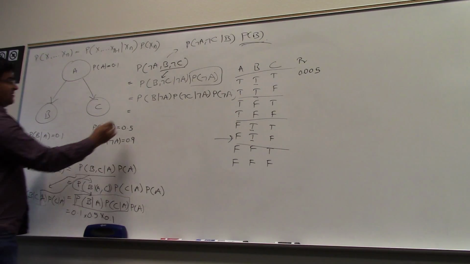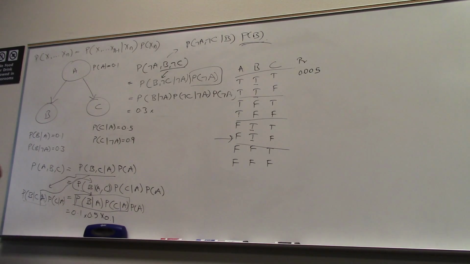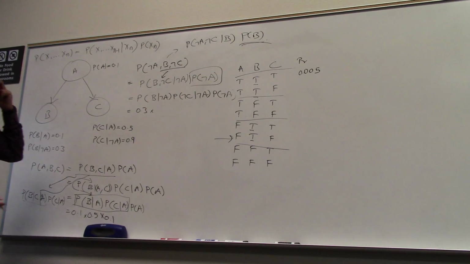This can be directly read, 0.3. What's the next one? Not C given not A. It's not there.